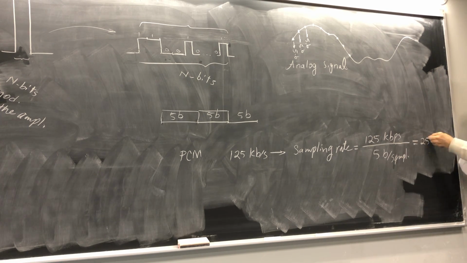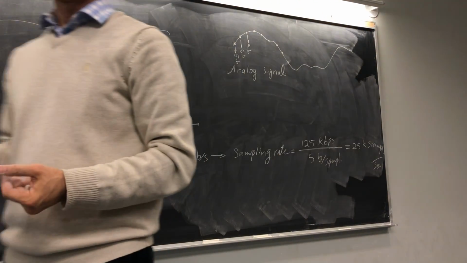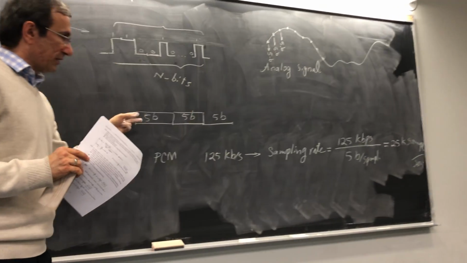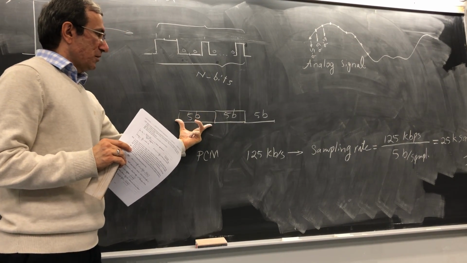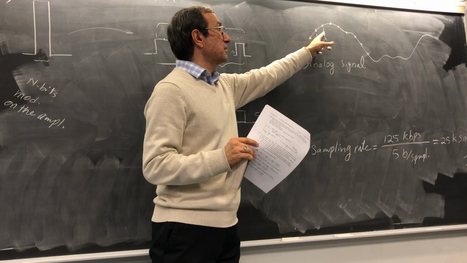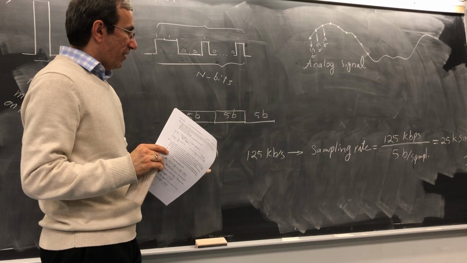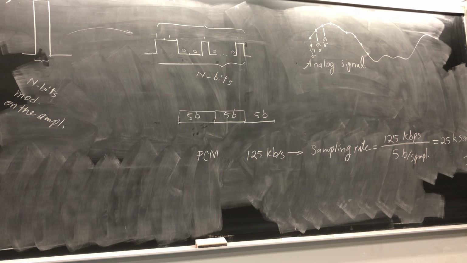And this would be 25 kilosample per second, right? Each 5 consecutive bits actually represents one sample, and then the next sample, the next one. So if we divide 125 kilobits per second by 5 bits per sample, we're going to come up with a value for the sampling rate.